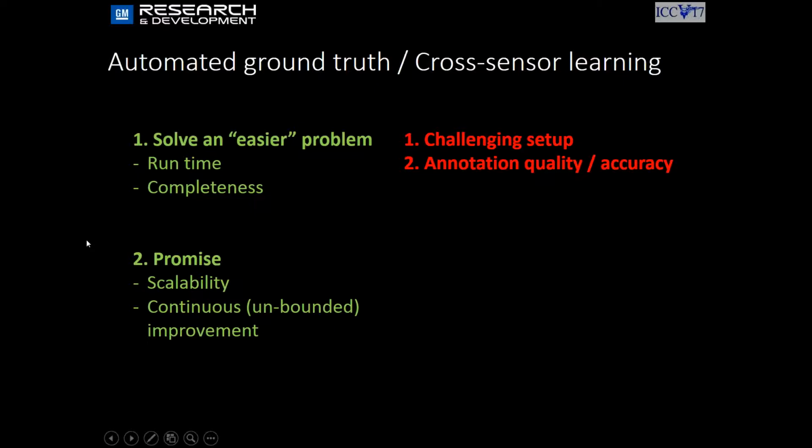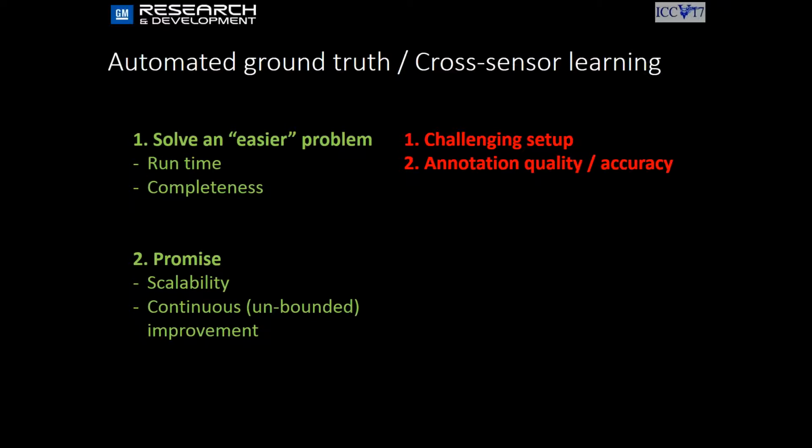Okay, so what are the pros and cons of this approach? So first, we solve an easier problem. As we saw, there are no temporal causation issues, and we have fewer issues with running time. Another important thing to understand is that we do not necessarily need completeness. You can imagine that we only annotate the easy parts of the image, and if we are able, we can ignore the areas in which we are not very sure.